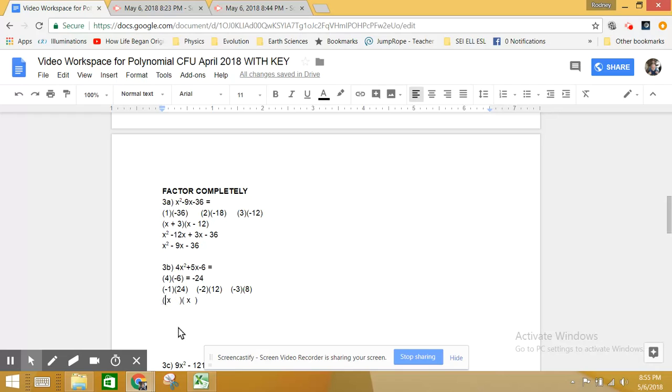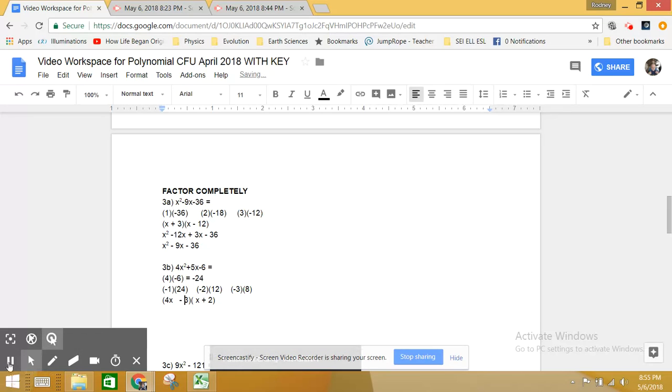So I'll say 4x times positive 2, which gets me an 8x. My last part is negative 6, so this times 2 has to be negative 6, so that has to be negative 3. And there we have it: 4x minus 3 times x plus 2.